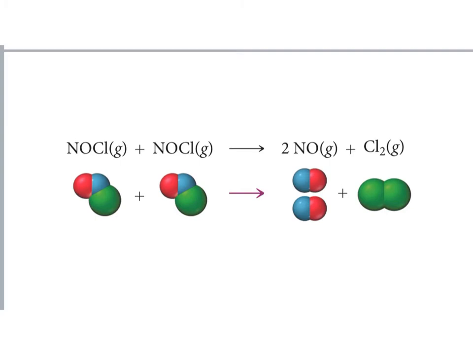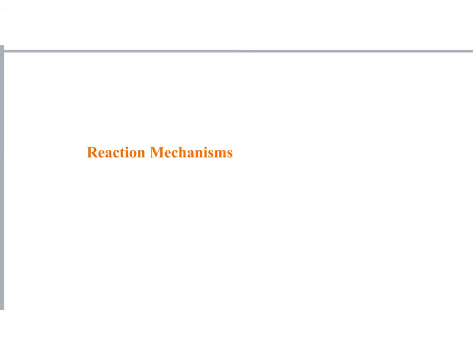So let's take a look at something like this NOCl reaction. You've got two NOCl leading to two NO and one Cl2. What's the mechanism here? Let's think about what a reaction mechanism actually is. A reaction mechanism is a description of the steps, the most important steps, to this reaction going to completion.